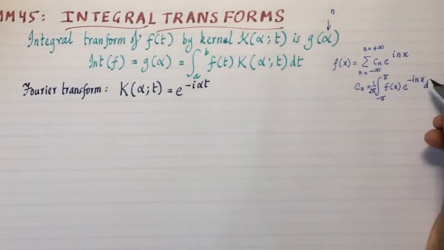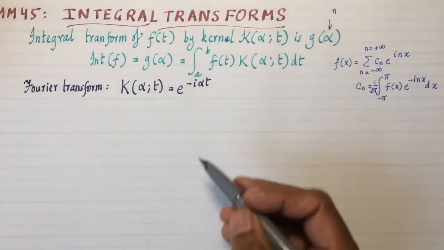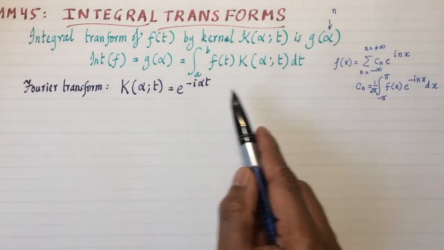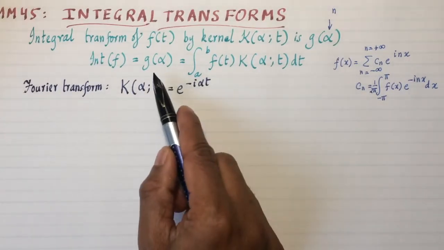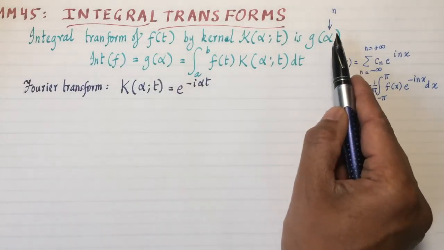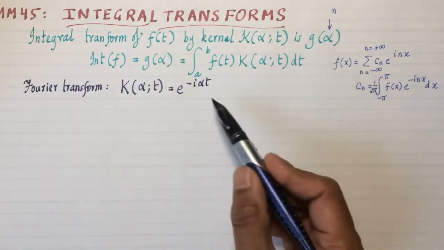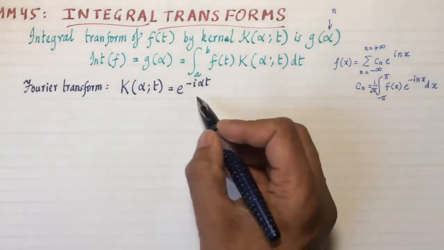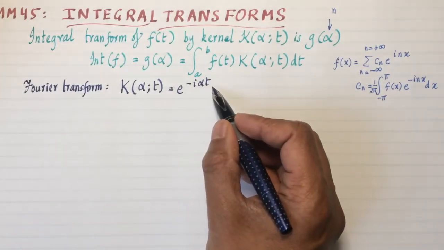So that's the basis of this definition. You are trying to get cn's, which are now g alphas because the analog of alpha is n, through this procedure. So the kernel has to be similar to that. So that's why the kernel is e to the minus i alpha t.